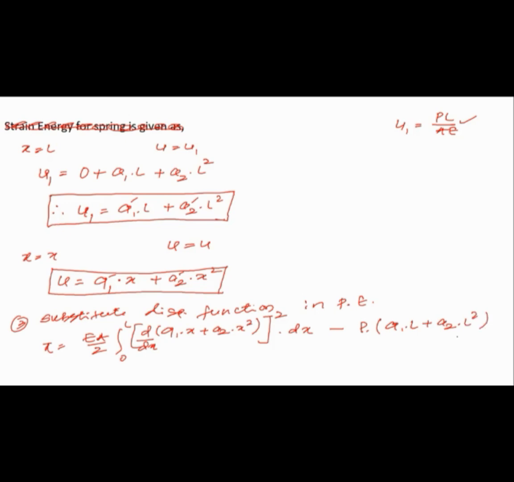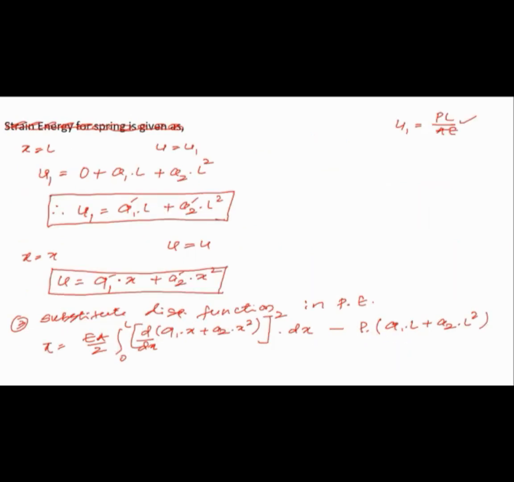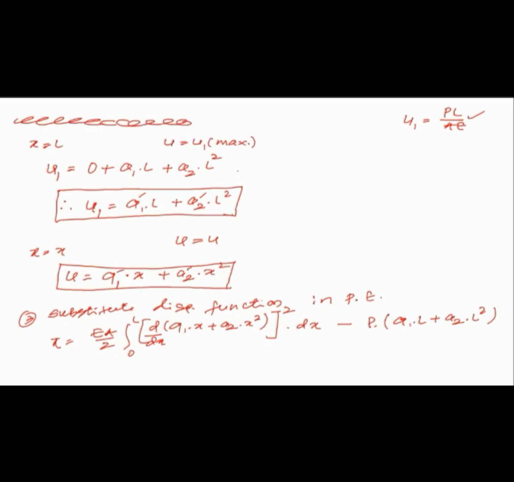This is the value of u1 that I am substituting here. P stays as it is in the PE function, and u1 is replaced with this expression. So that is substituting the displacement function into the PE function. Further I will do the simplification, then we can go with the fourth step, that is minimizing the PE function.